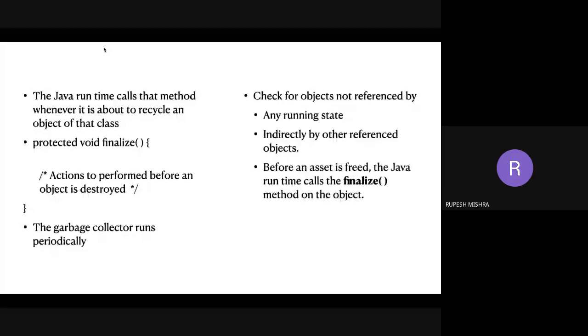Now before freeing or recycling that memory location, the finalize method is called. And one thing: the finalize method will not be called if your object is out of scope. If it is out of scope and then the garbage collection process runs, finalize will not run. So all the points are clear about the finalize method and garbage collection.